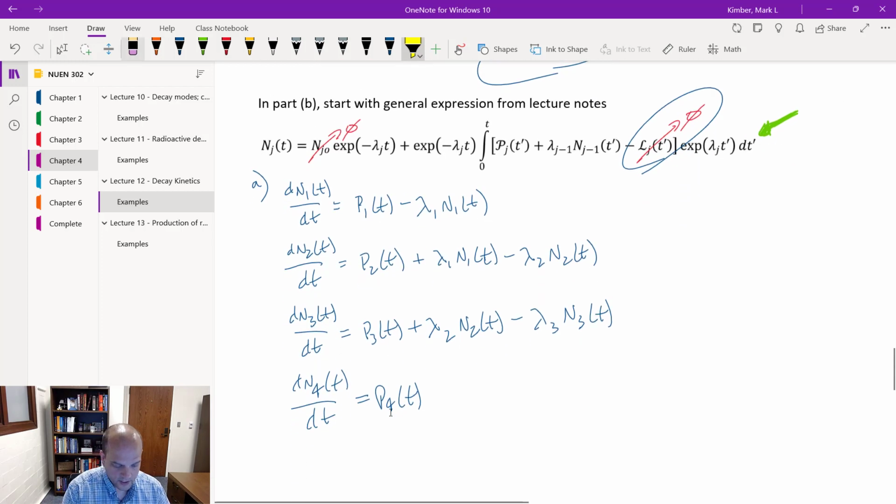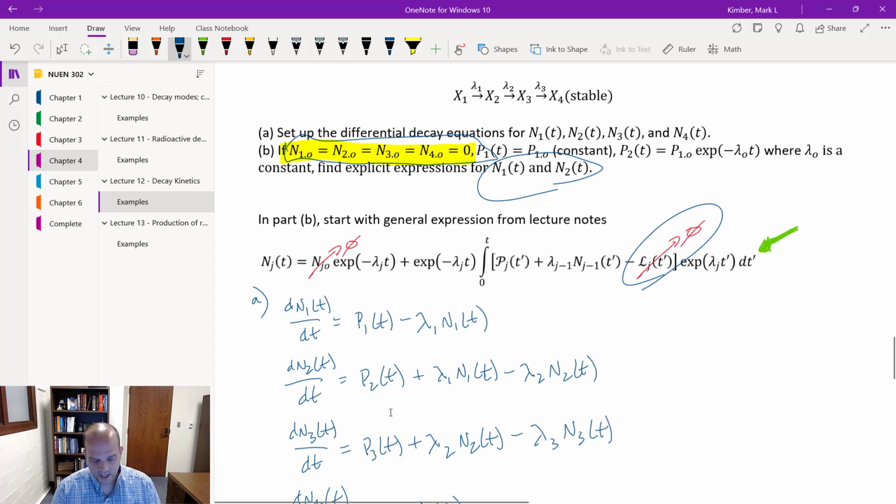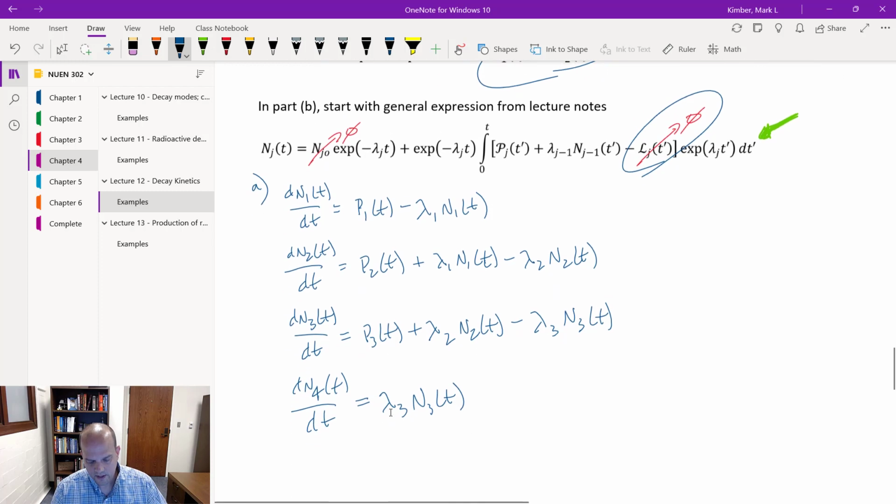And so this actually becomes even simpler. The only thing coming into isotope 4 is going to be through the decay from isotope 3. And so that's going to be a positive term of lambda 3 N3. And so this is the answer to part A. When it says set up the differential decay equations, this is what you would do.